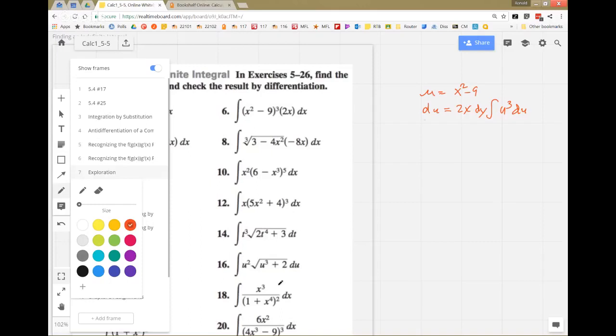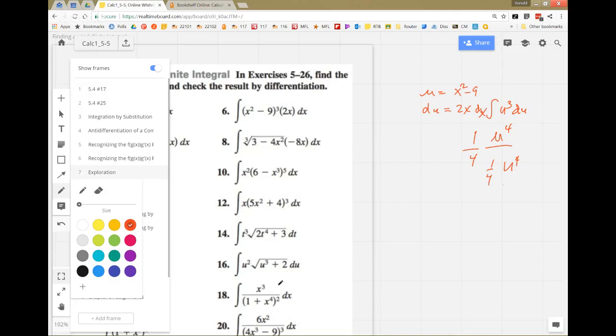So now what's the integral of u cubed? Raise the power by 1 and divide by that. So the answer is 1/4 u to the 4th.